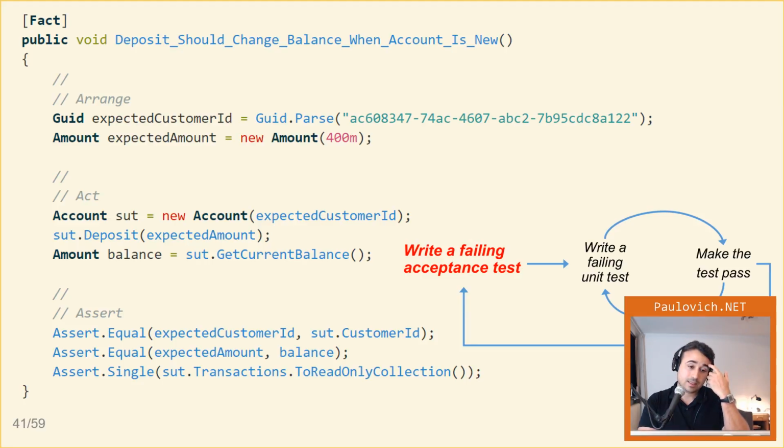So the idea here is, in the range, I create some customer ID and an expected amount to deposit.